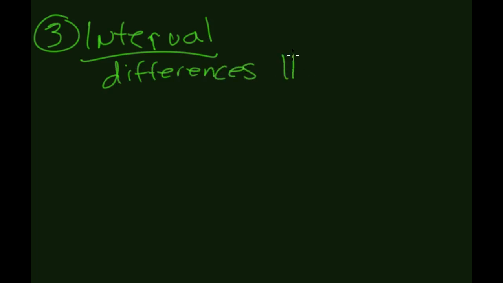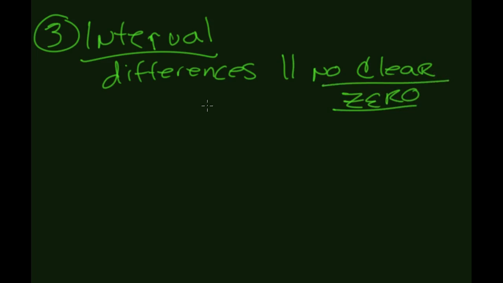But there is no clear zero. So you can't calculate ratios. So this might be something like temperature, in degrees Celsius or degrees Fahrenheit. The zero in these is somewhat arbitrary.